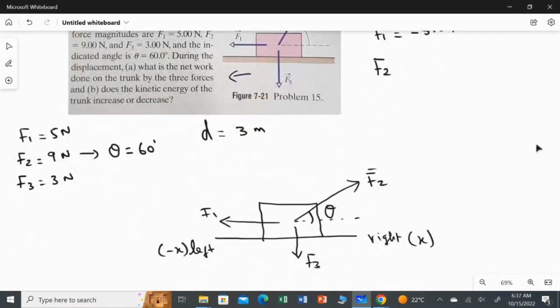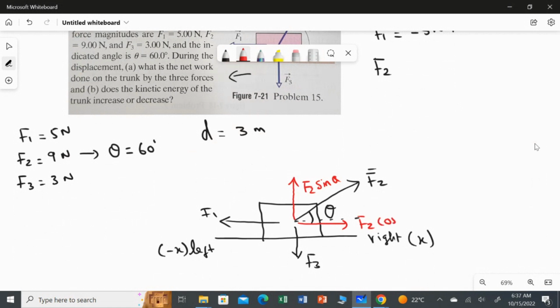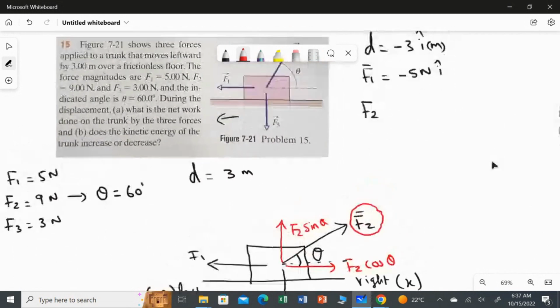If you have F2 here, we have two components. One is F2 sine theta, and this one is F2 cosine theta. Using these, I am going to find F2 in vector form.